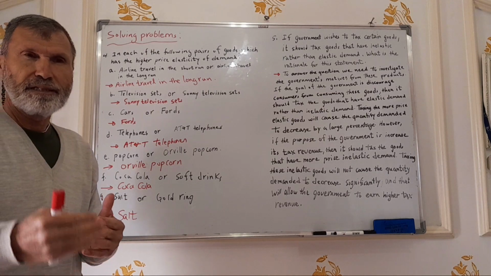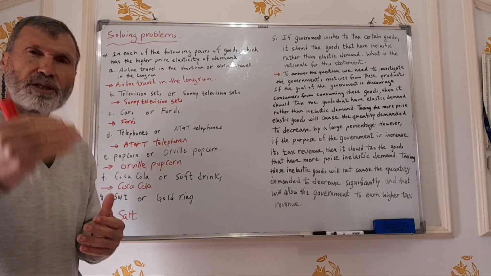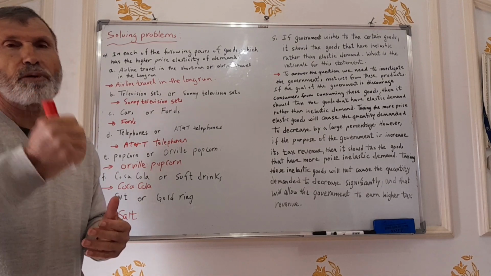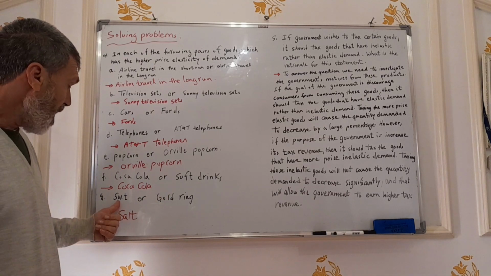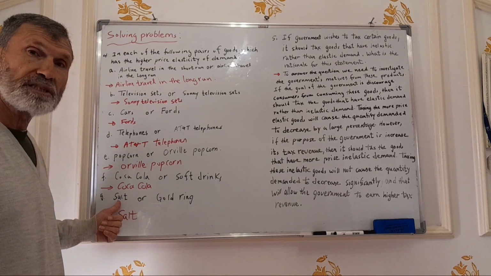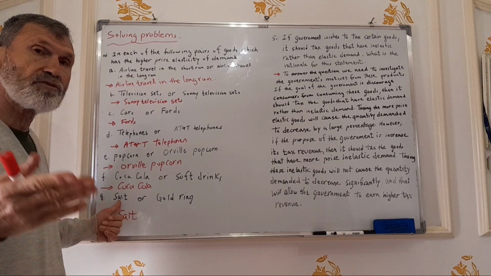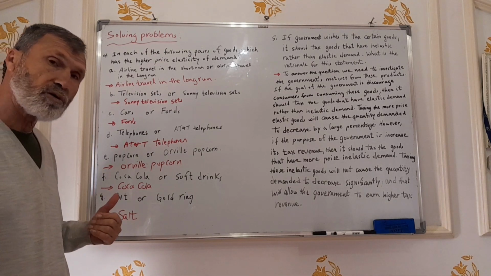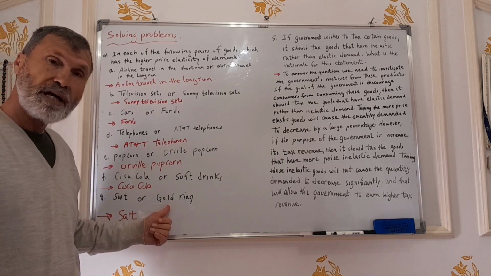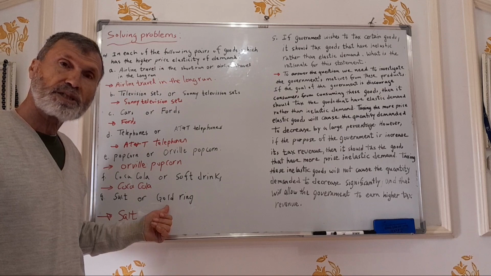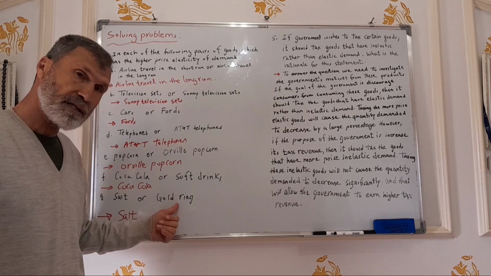The higher the percentage of one's budget spent on a good, the higher the price elasticity of demand. As you can see, what percentage of your budget is spent on salt? It's very negligible compared to the percentage of your budget spent on a gold ring.